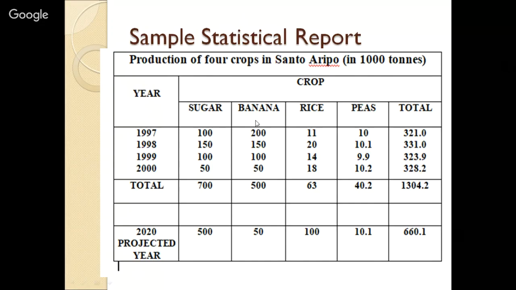Yes, banana is decreasing. Awesome. And what would the significant figures be? Awesome. So in 2007 we have 200, and in 2000 we have 50. Fabulous. What about rice? Talk to me about rice.